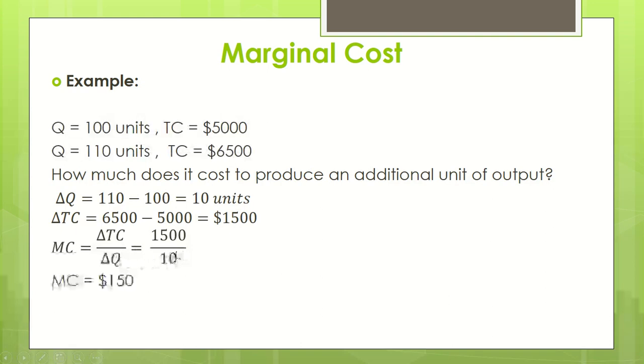So by dividing them we get $150, that is the marginal cost. So we can say that for producing 10 additional units of output, $150 are needed. That means the additional cost incurred in producing 10 more units is $150.